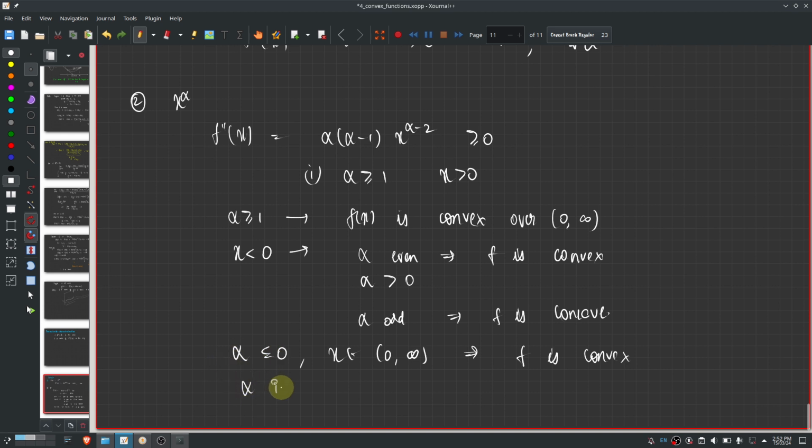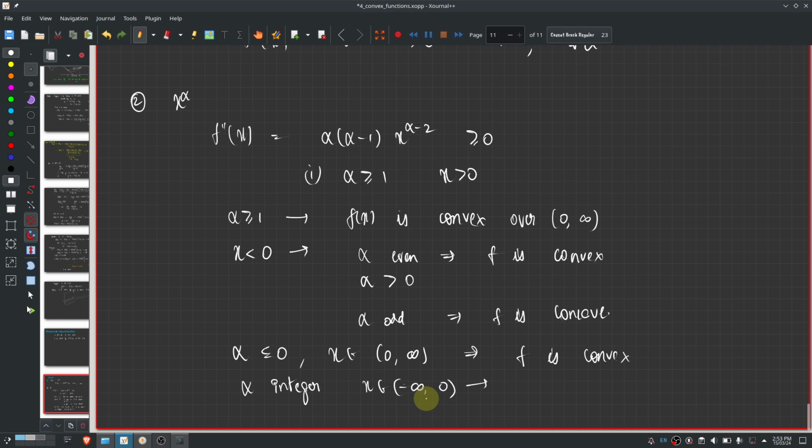So alpha integer, then for x in minus infinity to 0, what can you say about f? So again, alpha into alpha minus 1 is always going to be positive, right? Because both alpha and alpha minus 1 are negative.